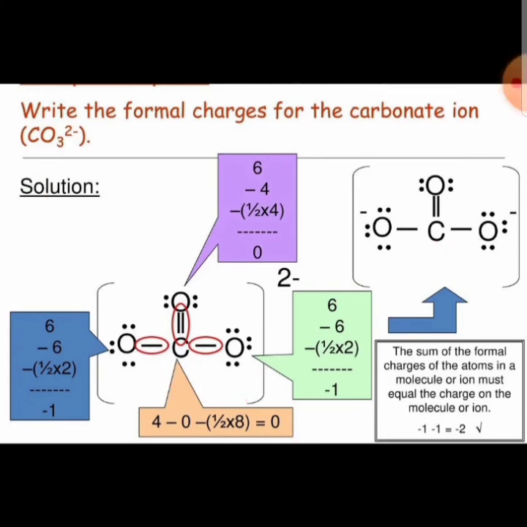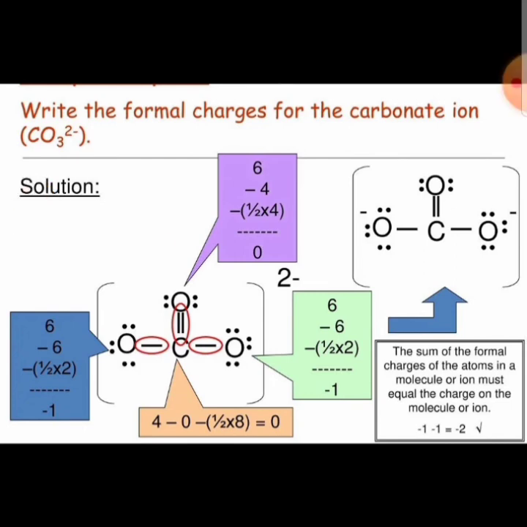Let us calculate the formal charge on this oxygen. In oxygen the number of valence electrons is 6, minus the lone pair electrons around this oxygen, 6, minus half into bonded electrons, there is only one bond around this oxygen, so half into 2. When you calculate, you will get one negative charge, and that we represent on this oxygen as minus.